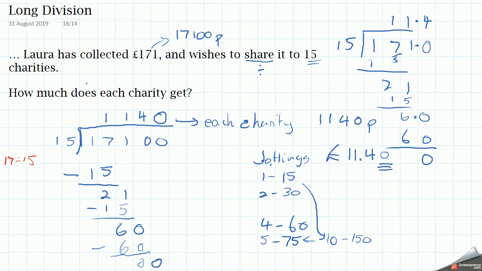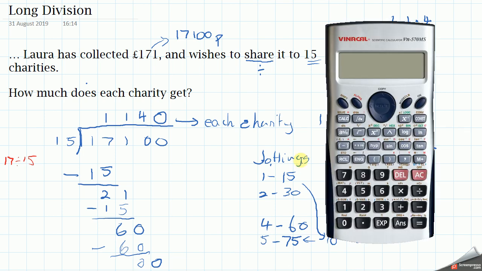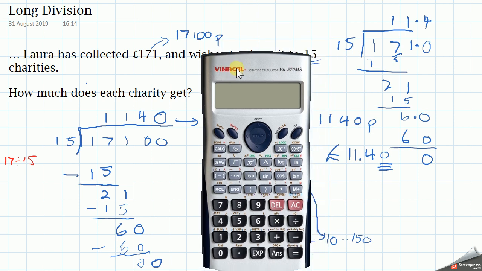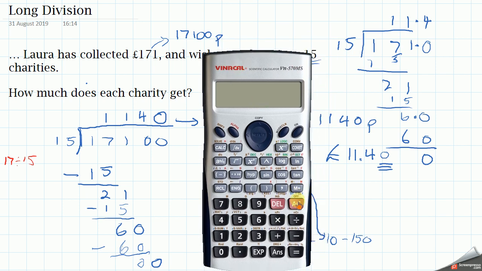Just going to do a quick check with our calculation. So I'll bring the calculator back. I'll do it for both forms. So we'll start off with the 17,100 and divide it by 15. And that gives me 1,140 pence.